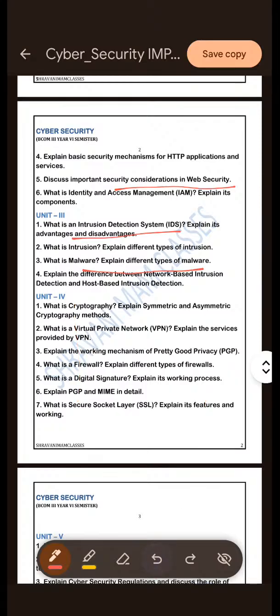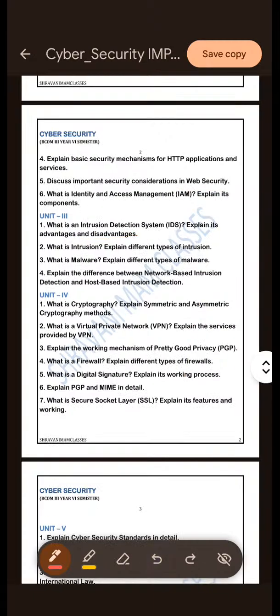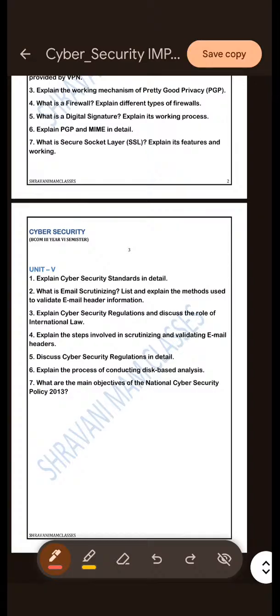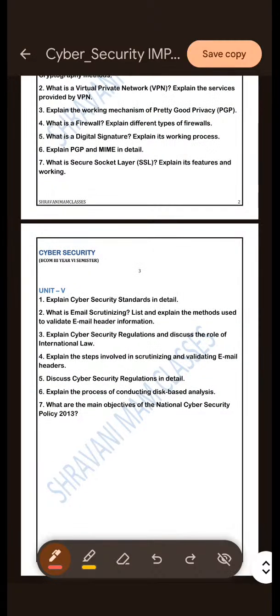Now I'm moving to the fifth unit. Now in the fifth unit, actually we have cybersecurity standards, right? Explain cybersecurity standards in detail.